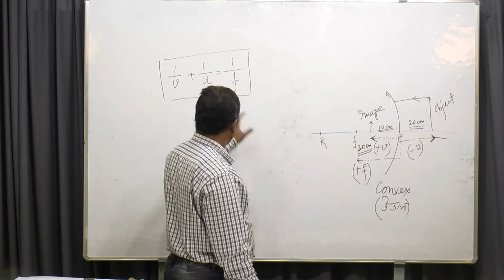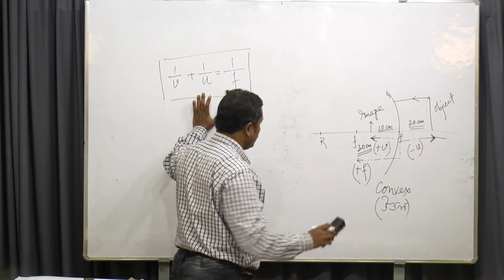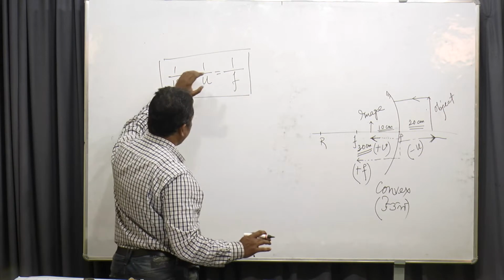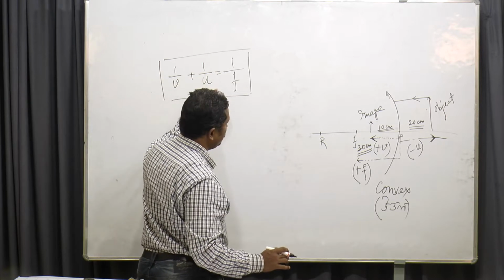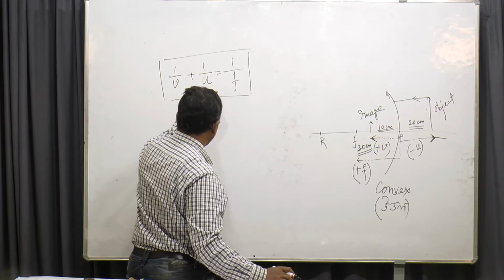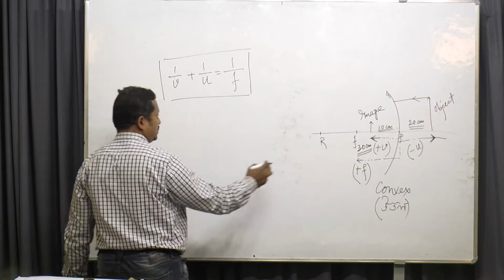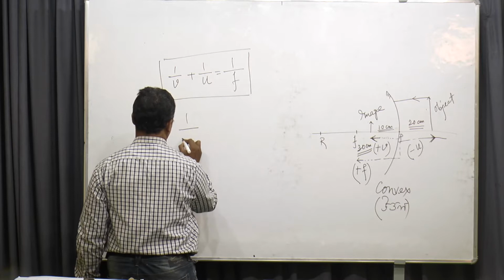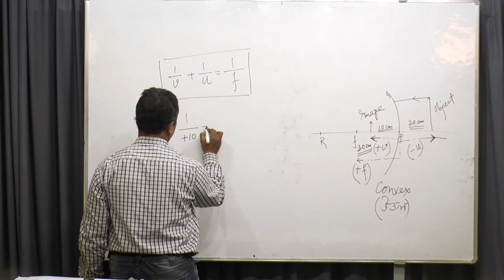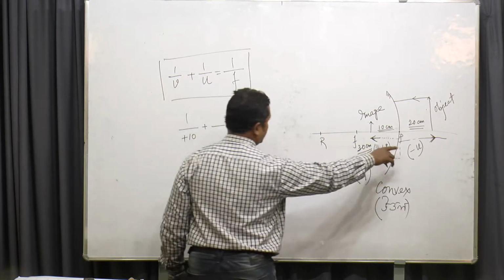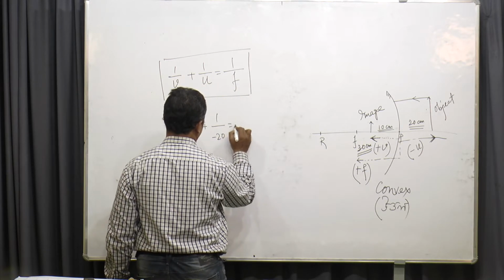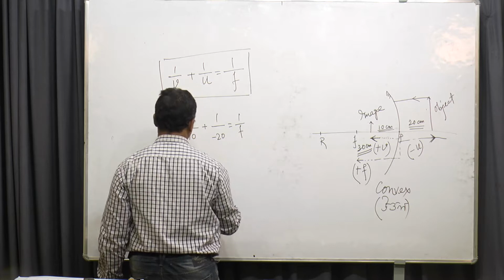Now if you put in this equation, suppose I have to calculate the value of f. So I have to put the value of v and the value of u. Now v is plus, so I will use plus 10, u is negative, so I will use minus 20, that equals 1 by f.